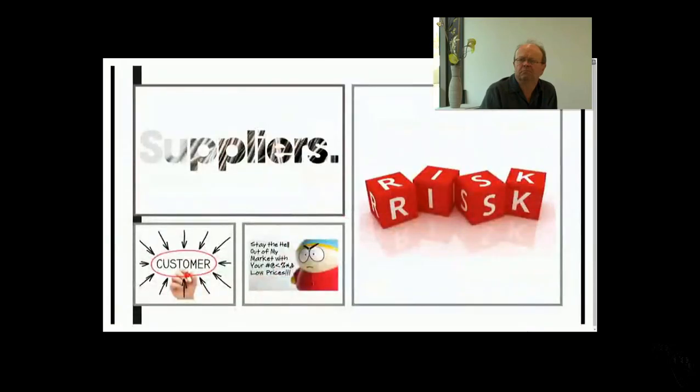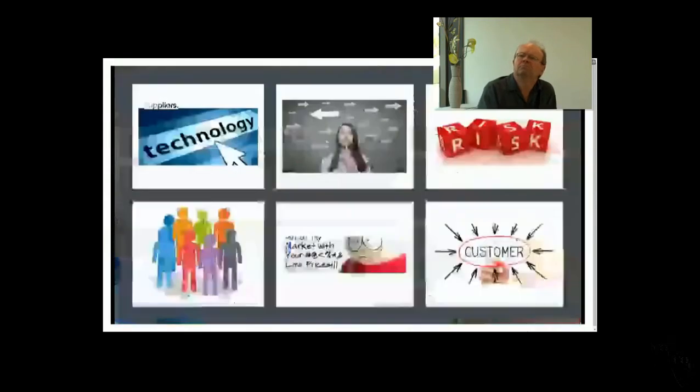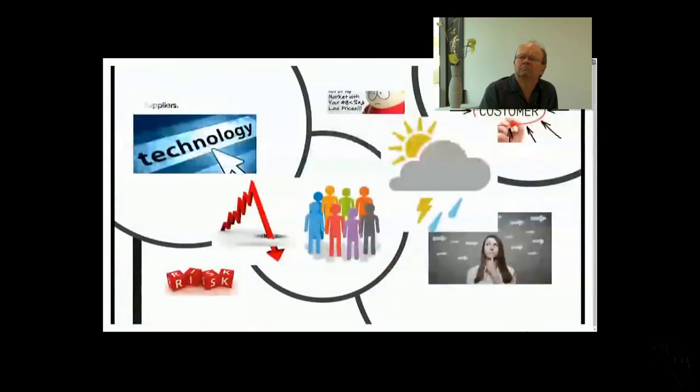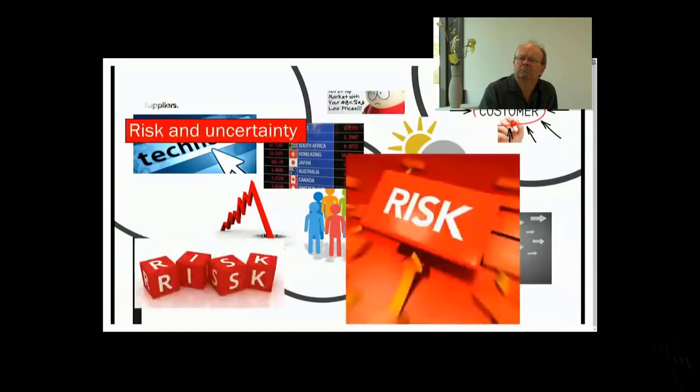Risks from changes in technology, changes in customer tastes, changes in demographics, risks due to weather, general economic factors, exchange rate movements, changes in commodity prices, risks from changes in tax and regulatory rules and requirements, and many other types of risks. Businesses face risk and uncertainty in their operations every day. Indeed, in business there are risks at every turn, lurking under every rock.